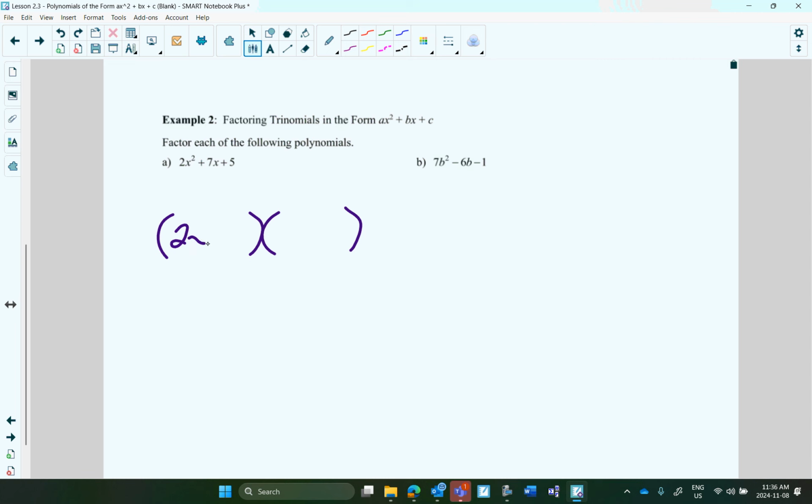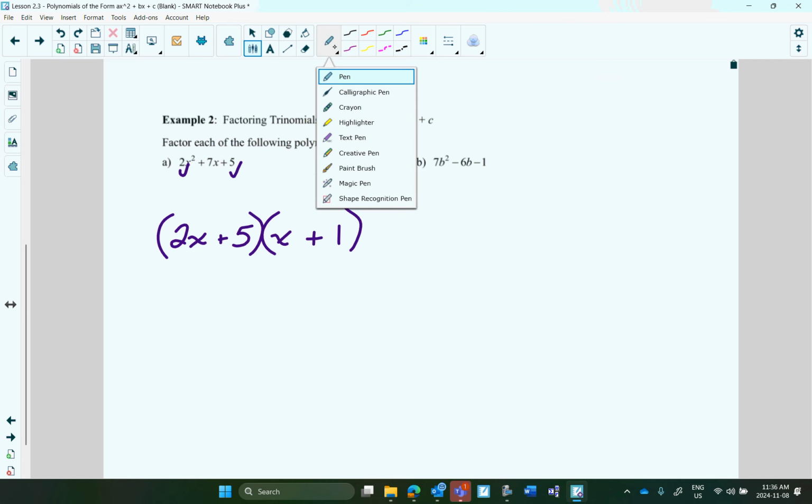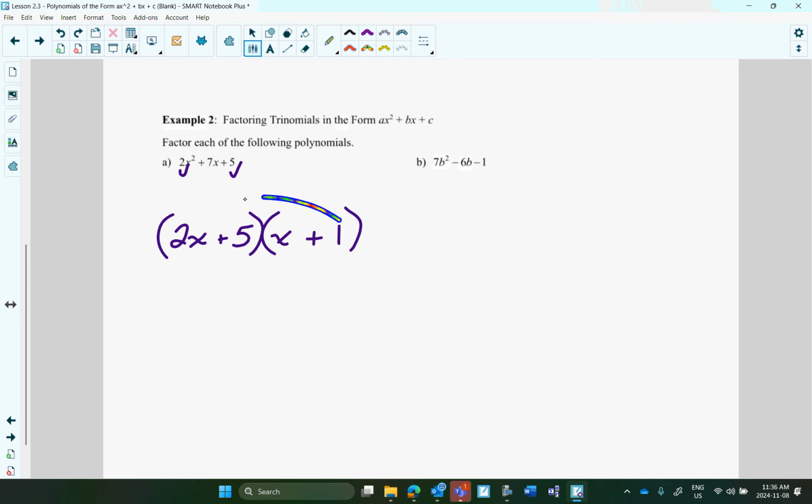Has to be 2x and 1x. That's the only possible combination. Two numbers that multiply to get 5. It could be 5 and 1, or it could be 1 and 5. Which one do you want to try? You want to try 5 and 1? I know that works. It's just this I got to check.